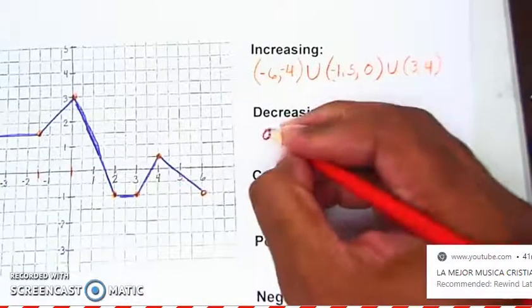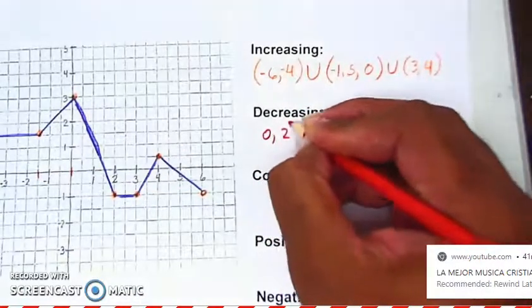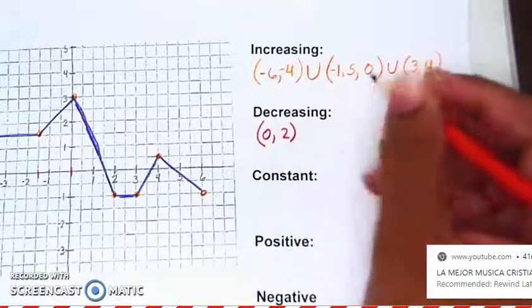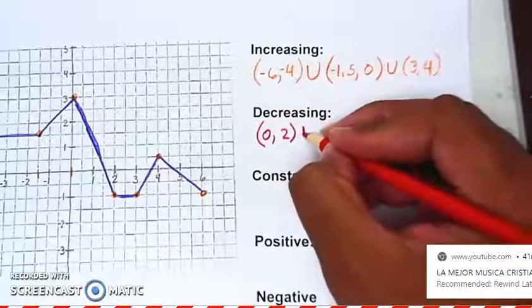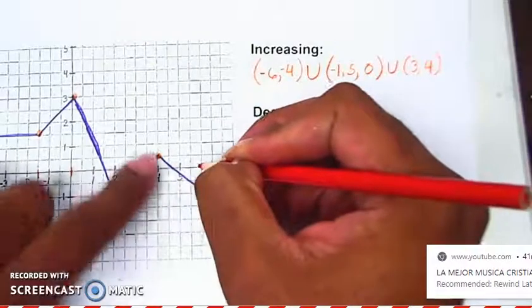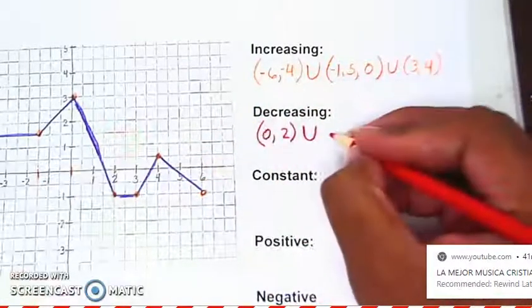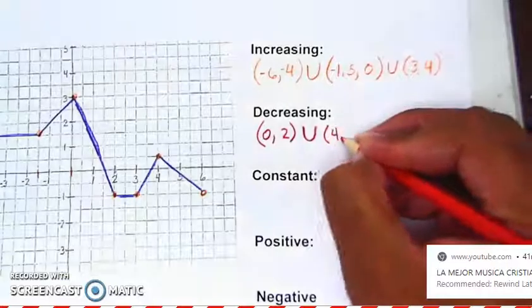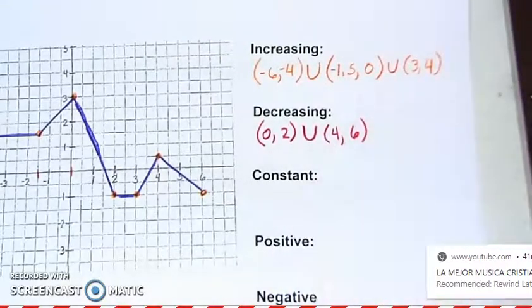So that's what we're going to do, 0 to 2. And then again, it's going down from 4 to 6. Those are the only 2 times on this graph that it is actually decreasing. It's going down. Okay, so not bad.